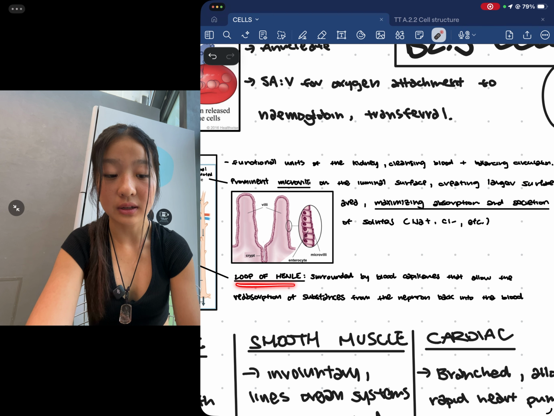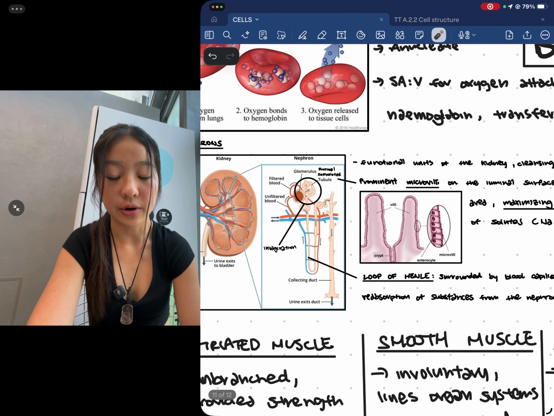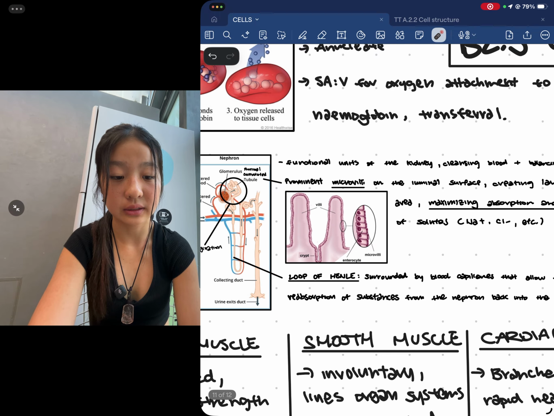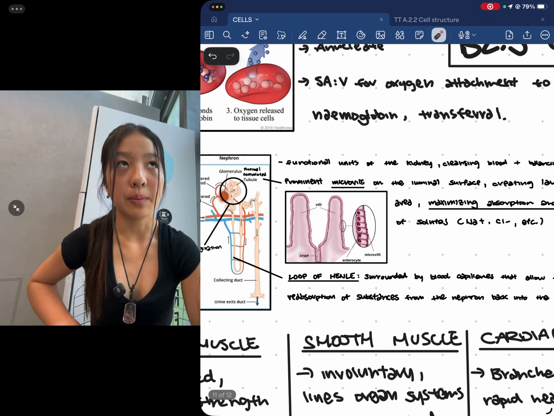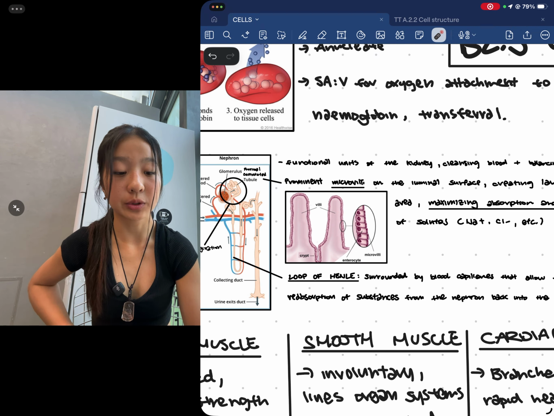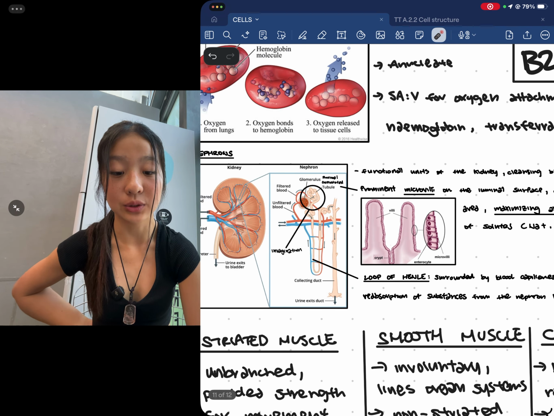And then we have the loop of Henle, and it has, again, a lot of invagination to allow the reabsorption of substances from the nephron back into the blood.